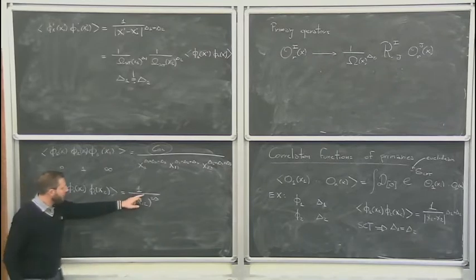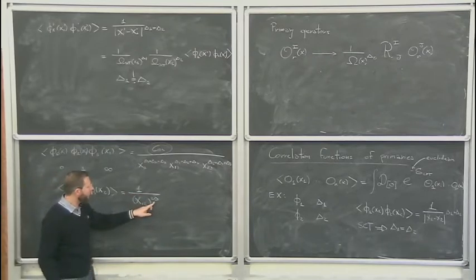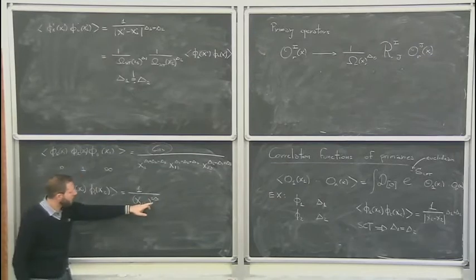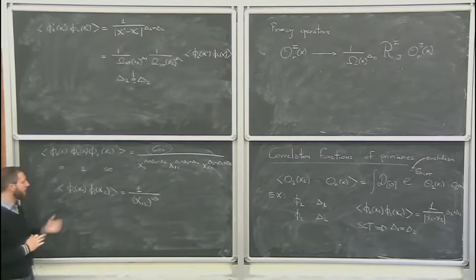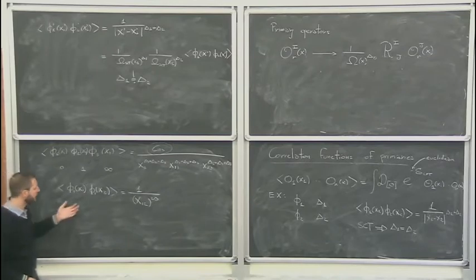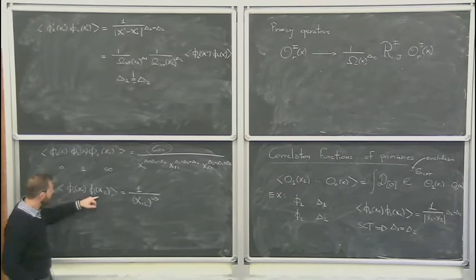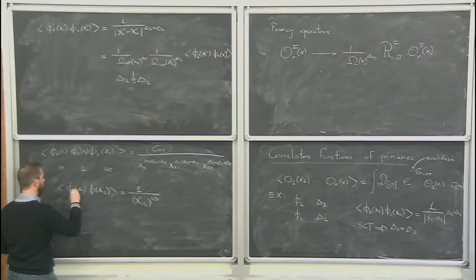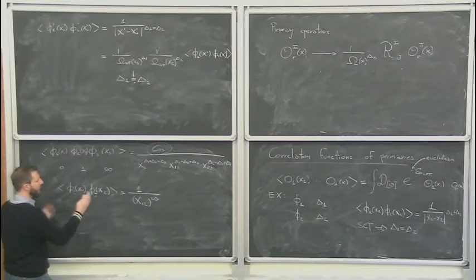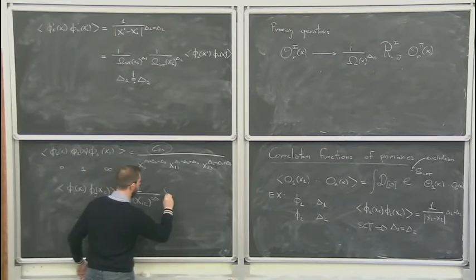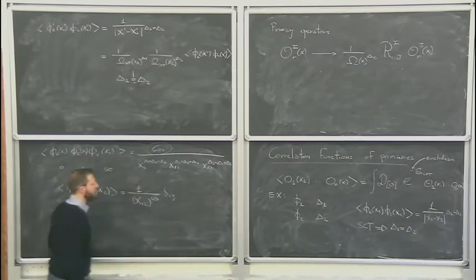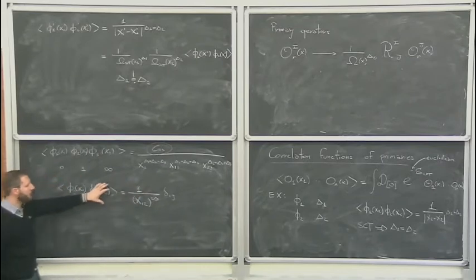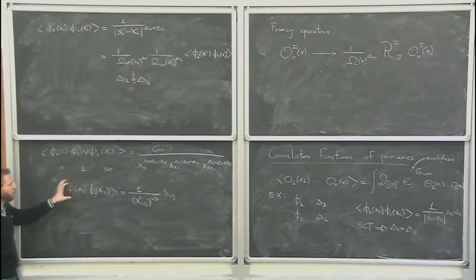Notice that because of this property of being diagonal in the space of dimensions, we can always rearrange the fields, so we can rotate the fields with the same dimension such that this is literally diagonal. In the sense that if you have two operators with the same dimension, but generically they are different, you can rotate them and make it diagonal. This is possible in unitary theories. In non-unitary theories, it's not possible.